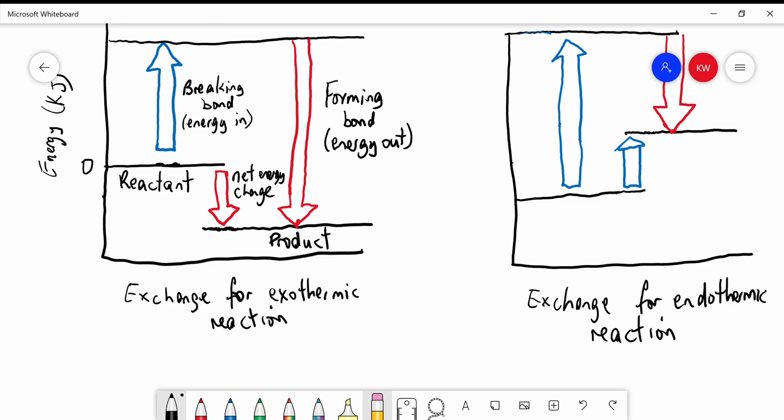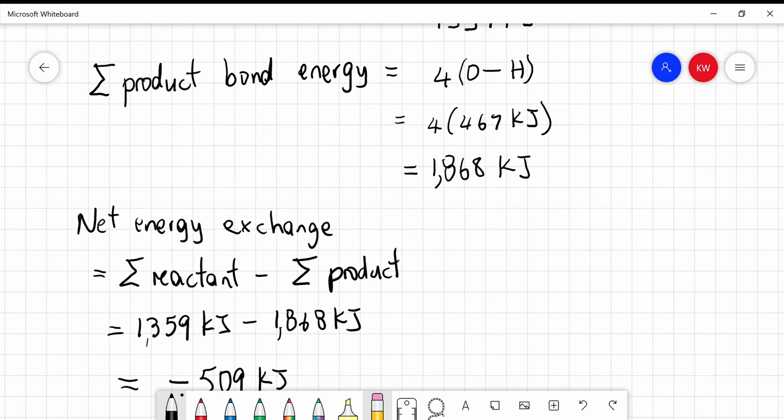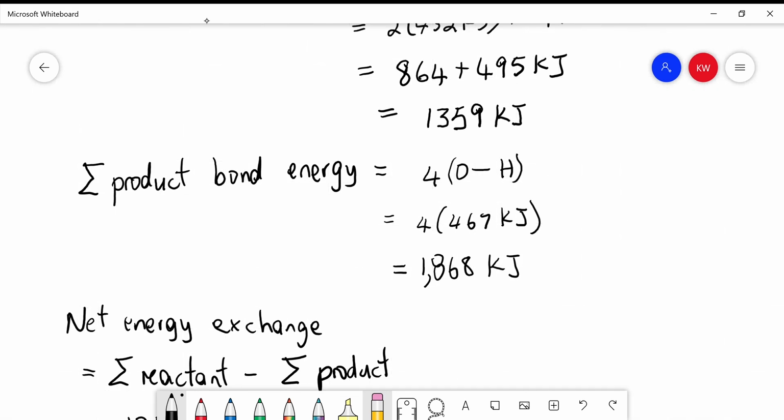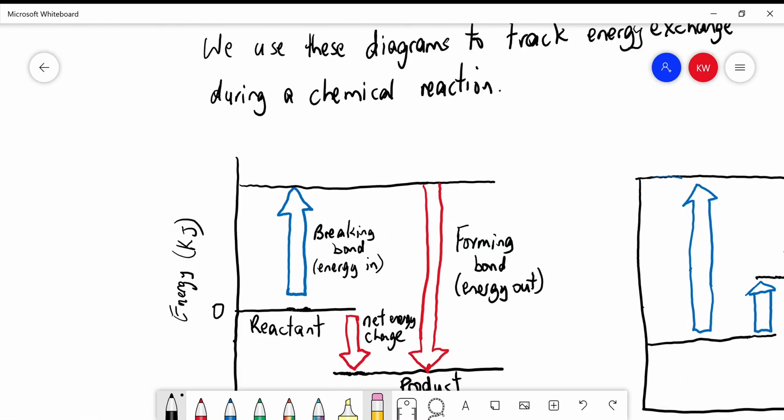We break the bonds, and based on the value, you put your value here. Let's say the example we just did. For the reactant, we should have 1,359 kilojoules. That's the amount of energy we took to break the bonds.